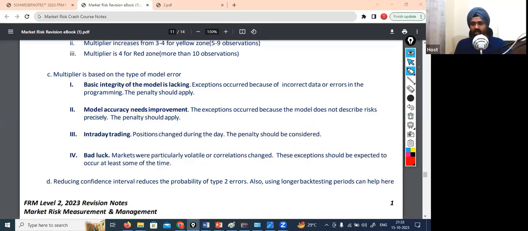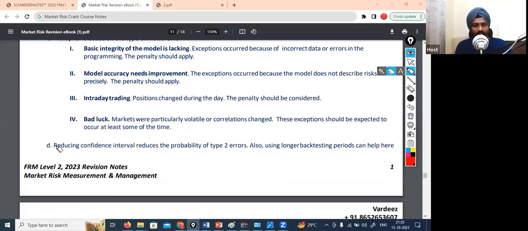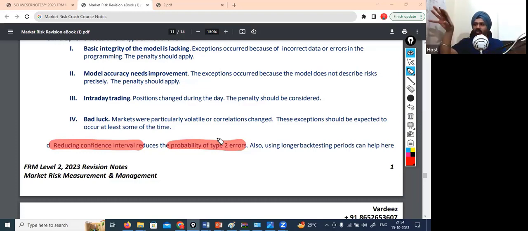So all in all, you just need to remember this last statement as well. Reducing the confidence interval reduces the probability of type 2 errors. Obviously, when you have a lower confidence interval, there's a higher chance of rejecting the inaccurate model, and if you reject the inaccurate model, your type 2 error comes down. Also, using a longer backtesting period can help here.